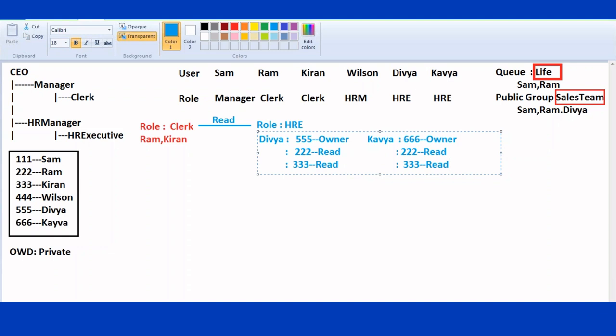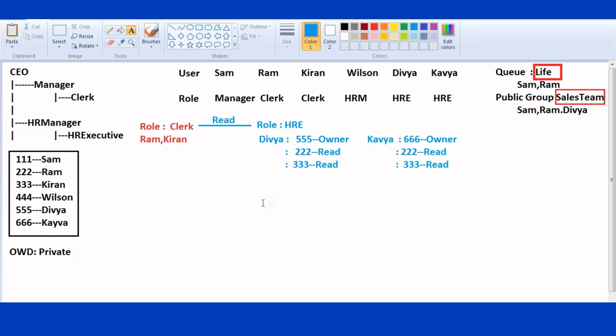Records which are owned by the users whose role is clerk, share those records with the users whose role is HR executive. How are we sharing? Based on owner. Records owned by these users, share them with the following users.